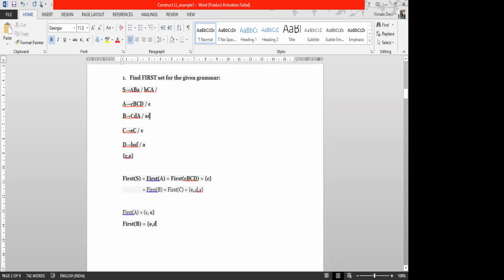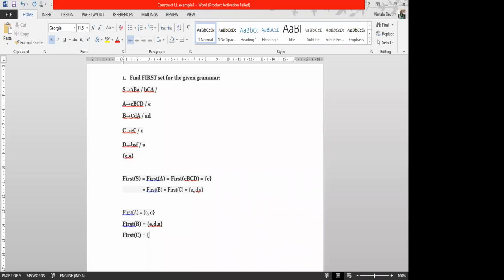Now let us explore the second alternative of B. It includes A. So A, D, E is in the first set of B. Now let us move on to what is the first set of C. What is first set of C? Two alternatives are there.